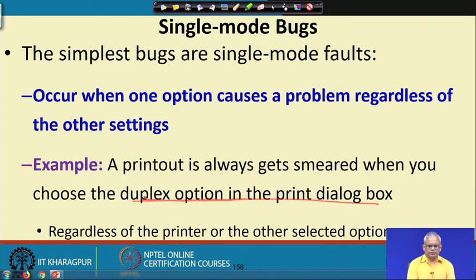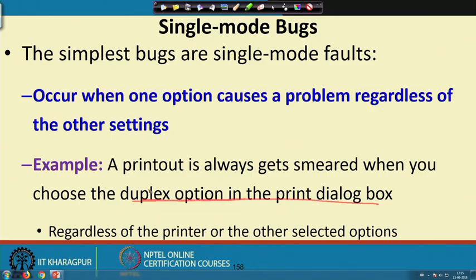So, to test this, we just need to check that every option is taken by the test cases.